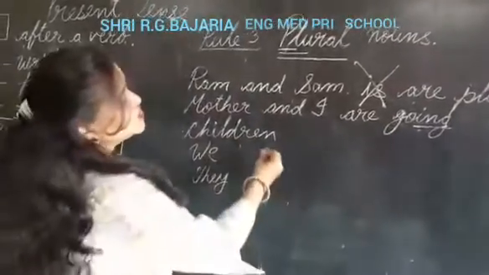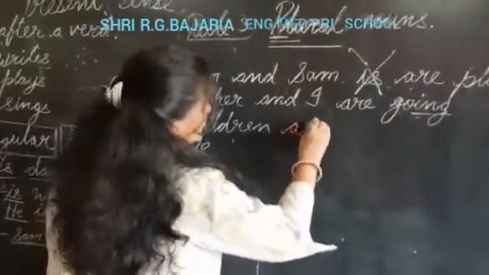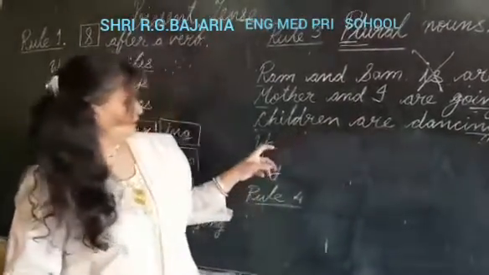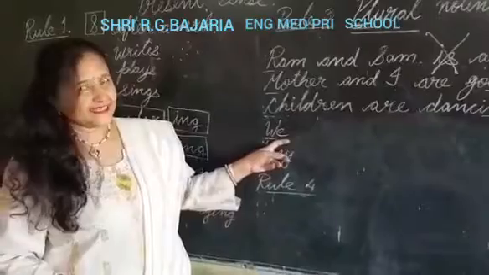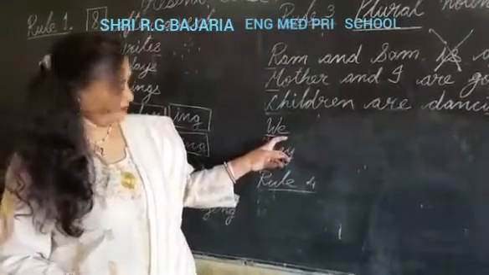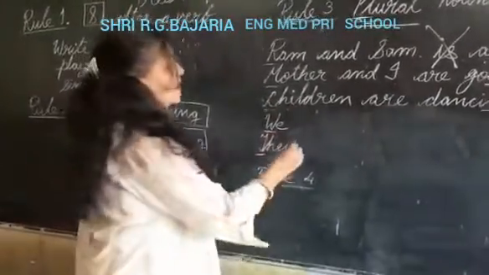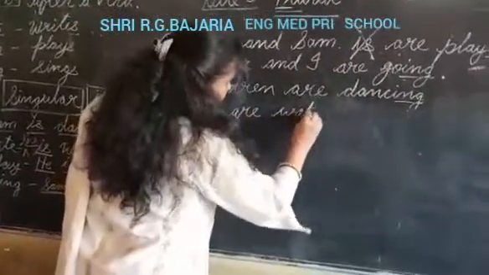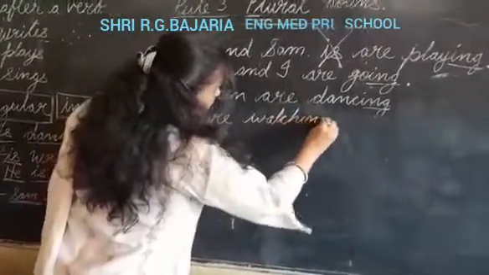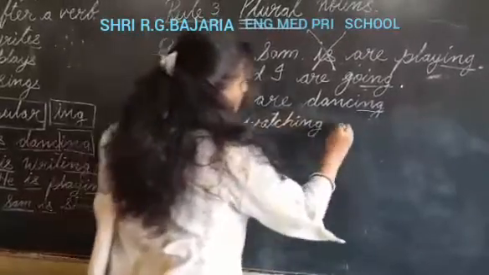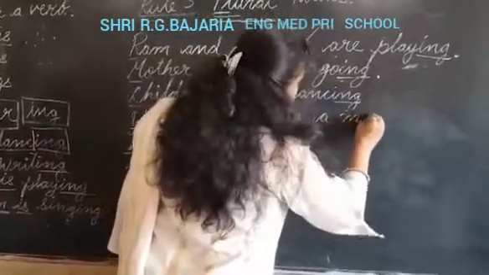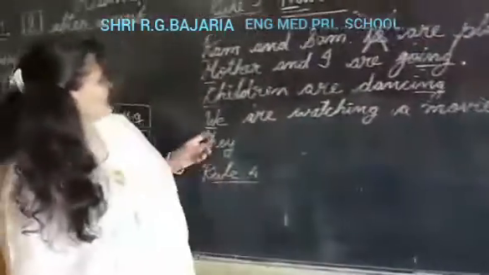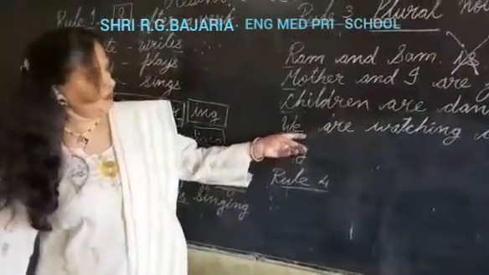Alright. Children are dancing in the rain. Now let us do the next one. This is a pronoun. We are watching a movie. Here, we is a plural pronoun.